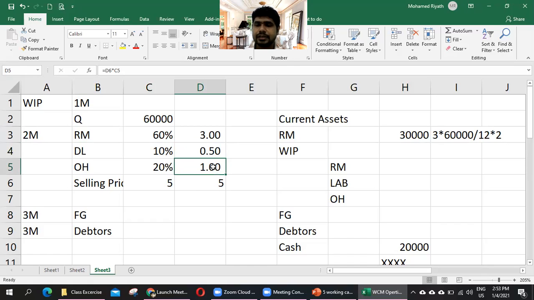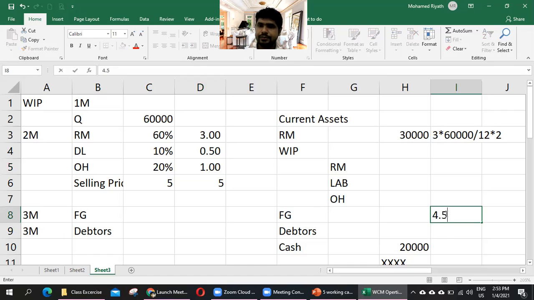Total cost per unit, how much? 4.5. Then 4.5 per unit cost. We are producing 60,000 units in a year, and we have to convert into months, so we divide by 12, and we keep the finished goods for how many months? 3 months. Then the value is 67,500.